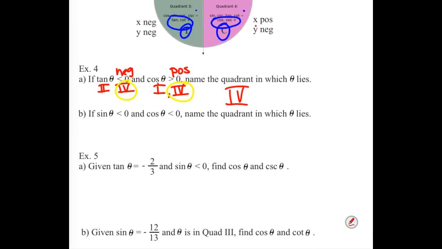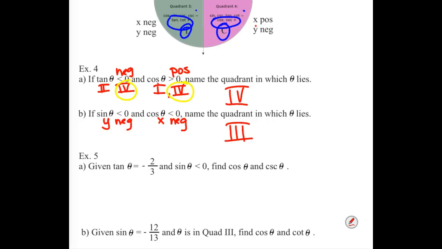Our second example here, the sine of theta is less than 0. So sine is negative. That means our y-coordinate's negative, and cosine is also negative. Cosine uses x. So if you look at it that way, when x and y both have to be negative, we are in quadrant 3.